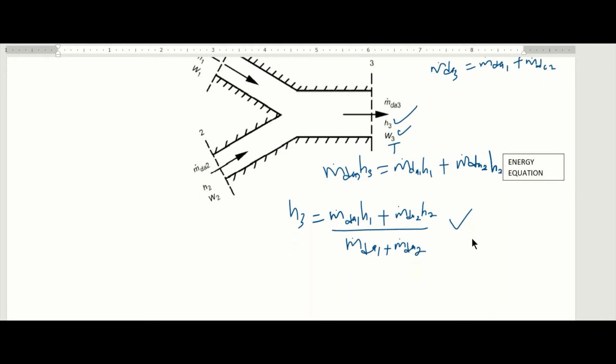We can also use a similar equation for the humidity ratio.